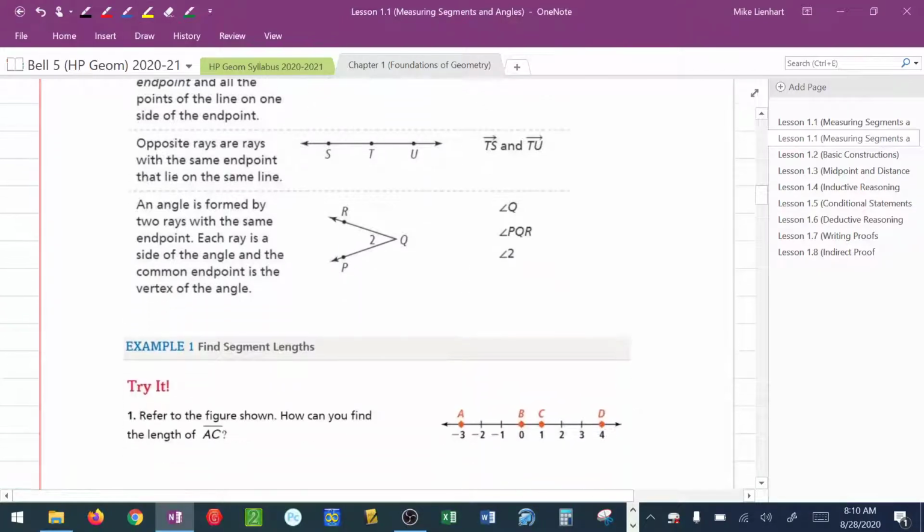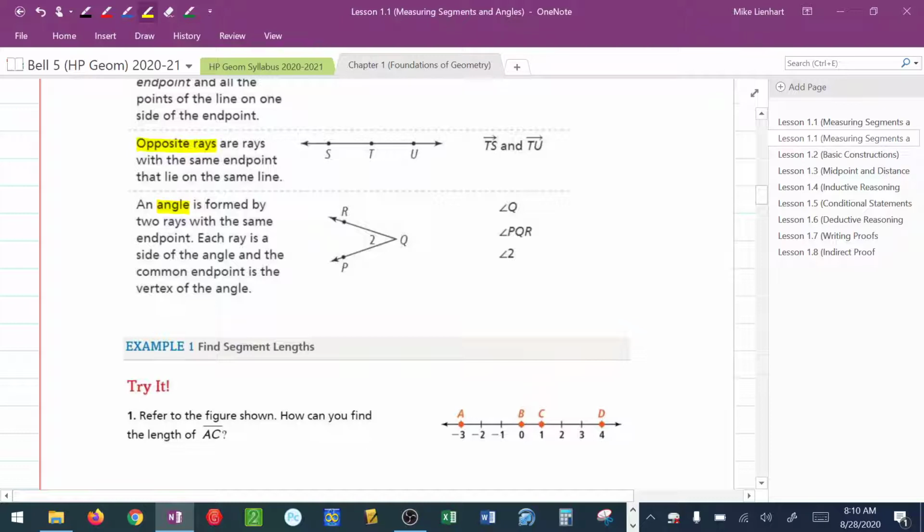This is a unique term, but it's something that's come up over the last 20 years or so as another way to describe a line. And these are opposite rays. So ray TU and ray TS would be considered opposite rays because they share a common endpoint and they're on the same line.